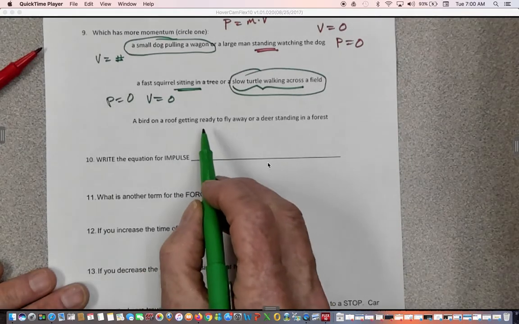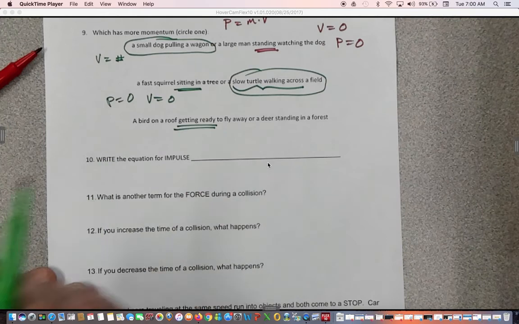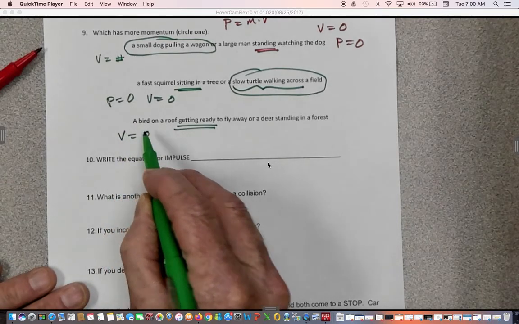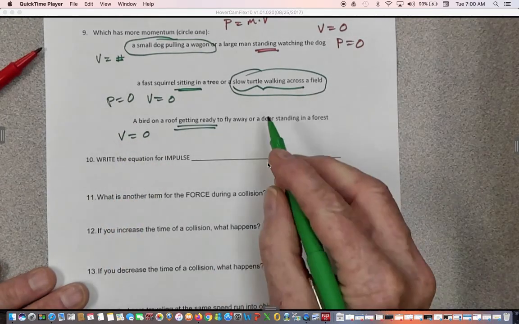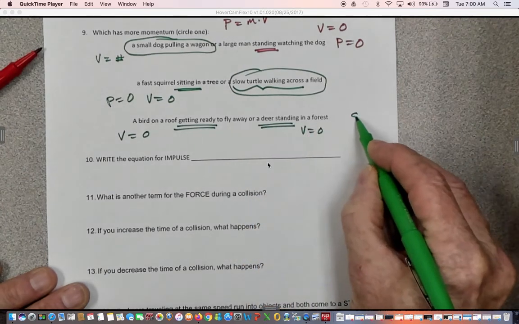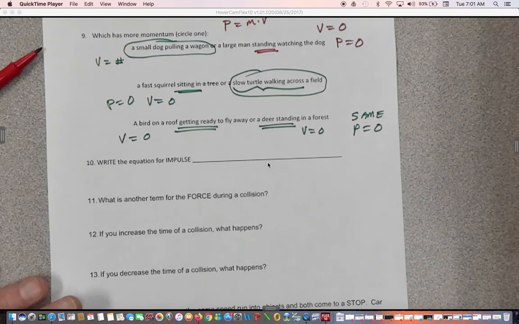Here, you have a bird on a roof getting ready to fly. If you're getting ready to fly, have you taken off yet? No. So you can assume the bird has zero velocity. A deer standing has zero velocity. So they have the same zero momentum. Neither one is bigger.